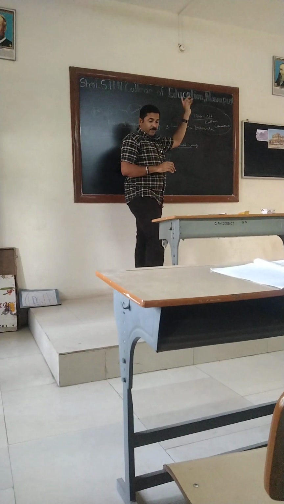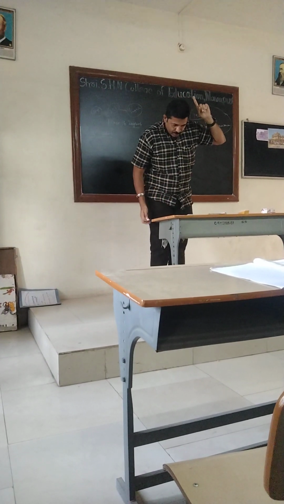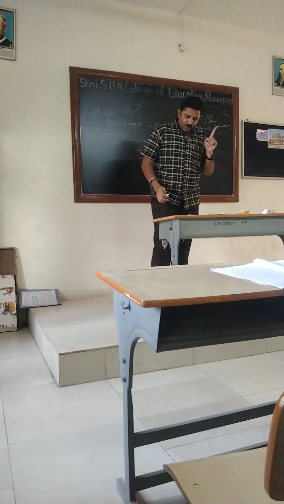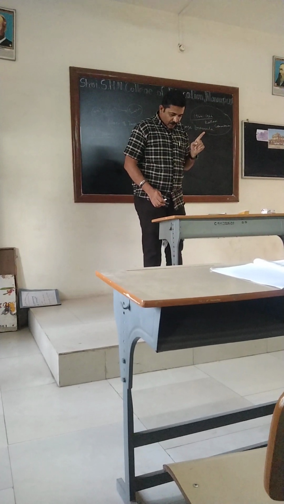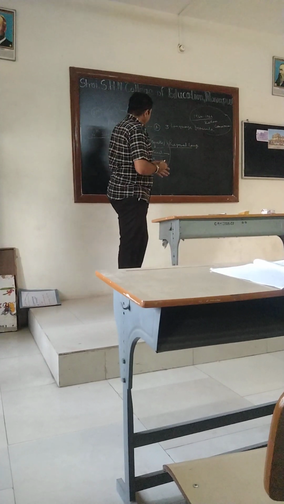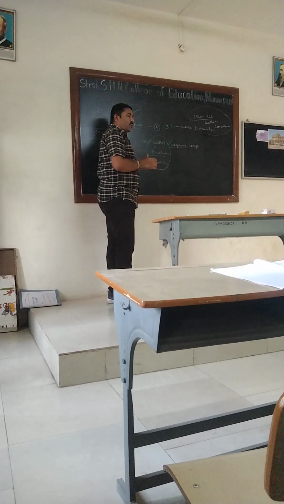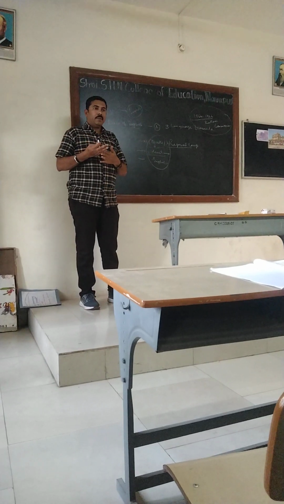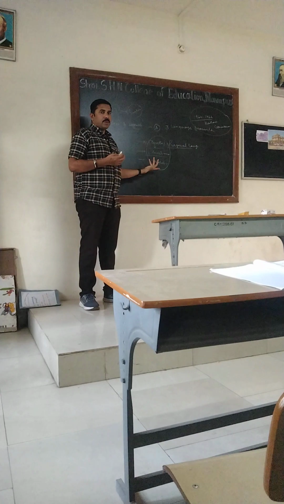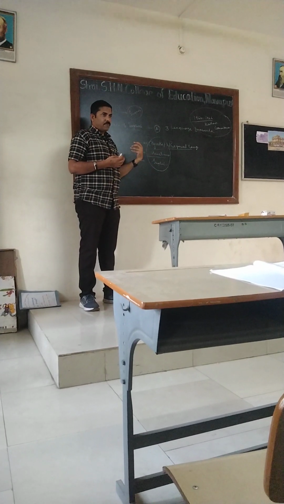The third one is a modern Indian or foreign language not covered under the first or second language, meaning English. Suppose when we go abroad, there is no Marathi, there is no Hindi, they only know the English language.